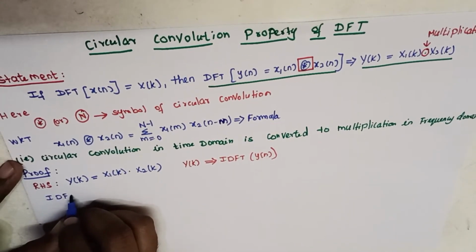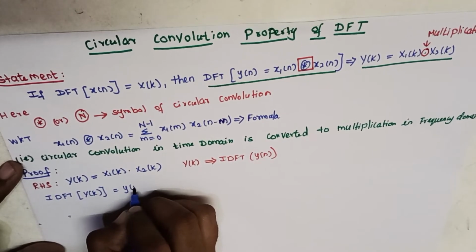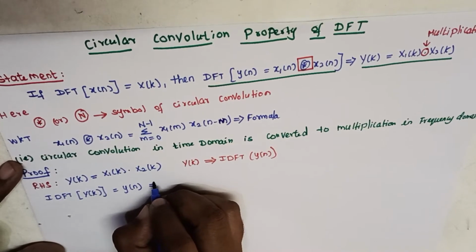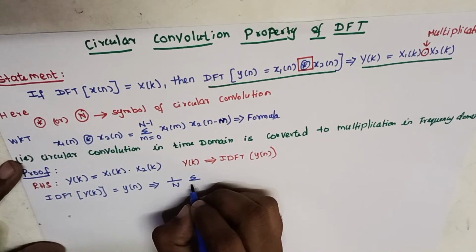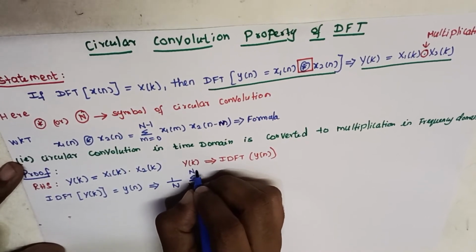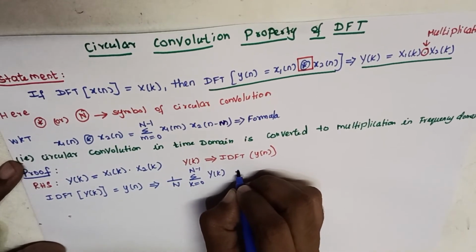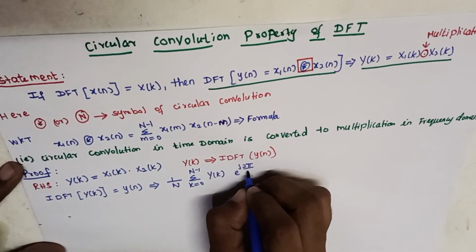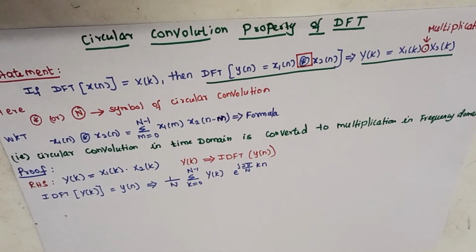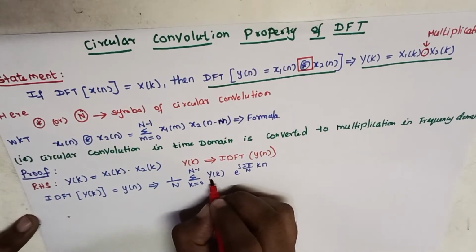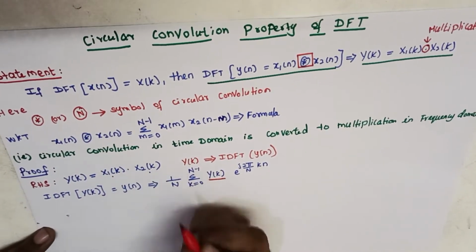We can write IDFT of y of k is equal to y of n, which is given by 1 by n sigma k is equal to 0 to n minus 1 y of k e power j 2 pi by n kn. This is the equation for IDFT. Now if you look into this y of k, we know that y of k is x1 of k into x2 of k.